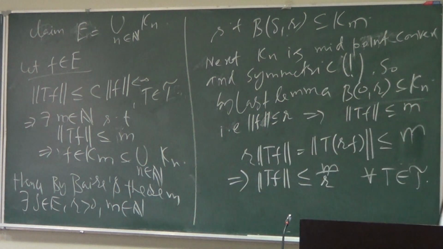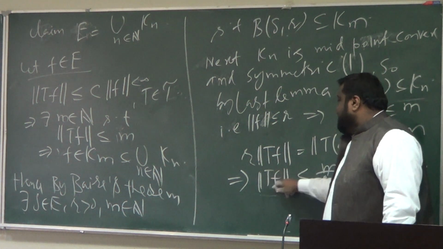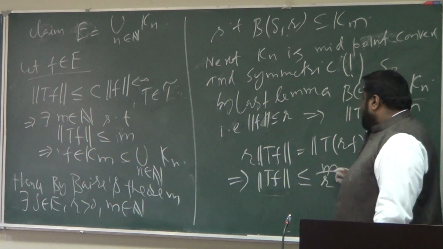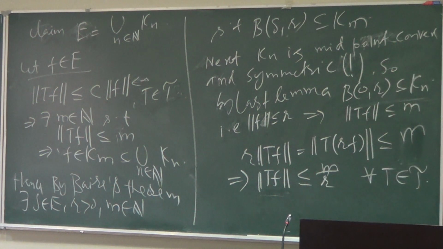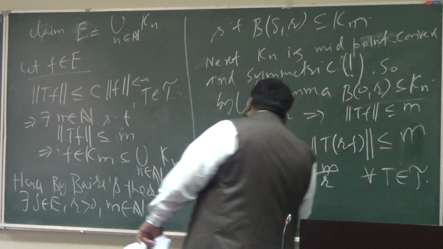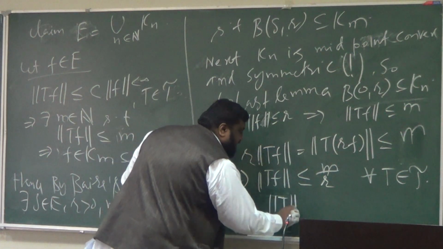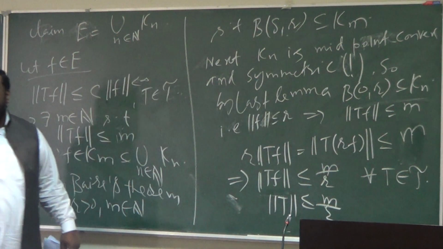What does this show? This shows that the norm of Tf is always less than or equal to m over r for any T. Isn't that showing that the norm of T is always less than or equal to this fixed number m over r?